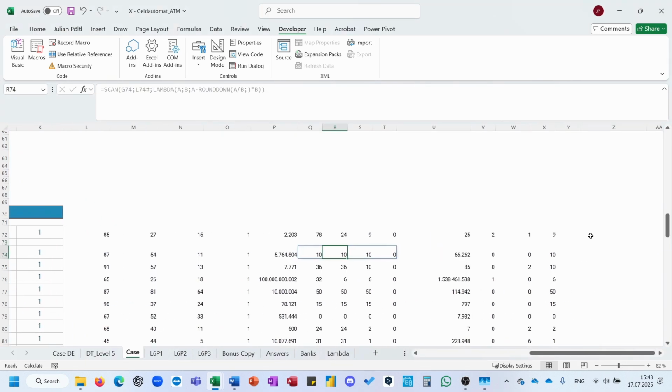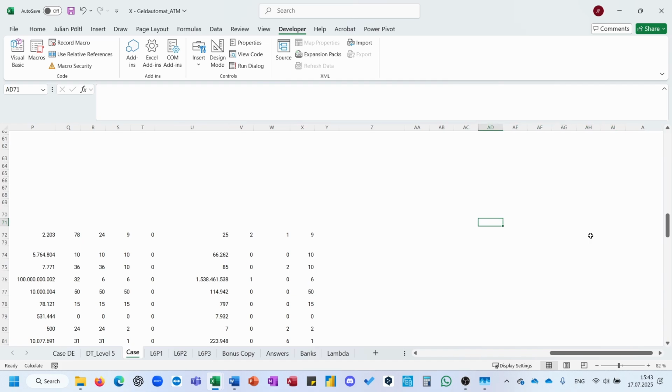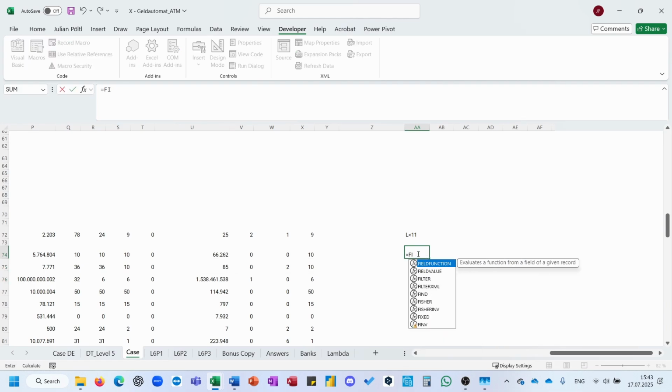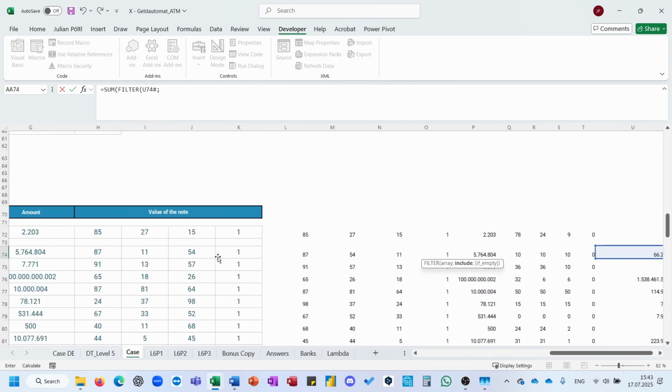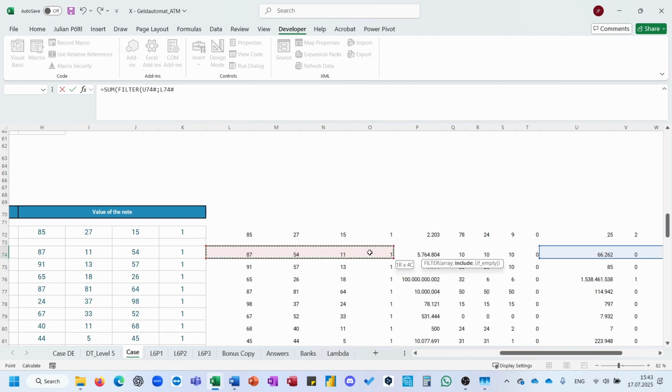So, this data table. Less than 11. And I want to filter those numbers if the sorted denomination currencies are less than 11.